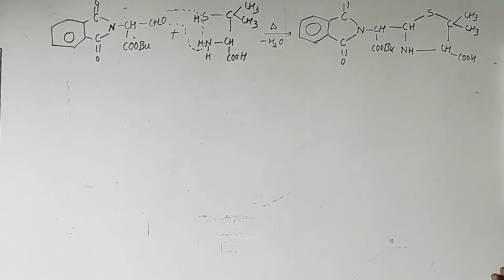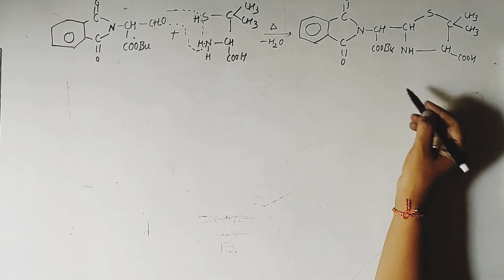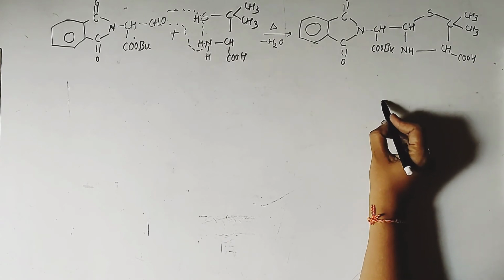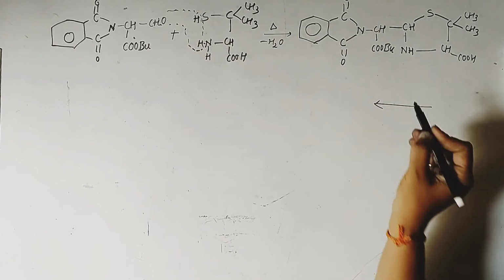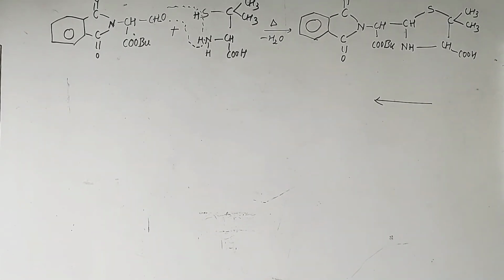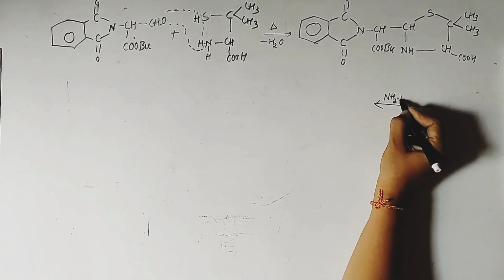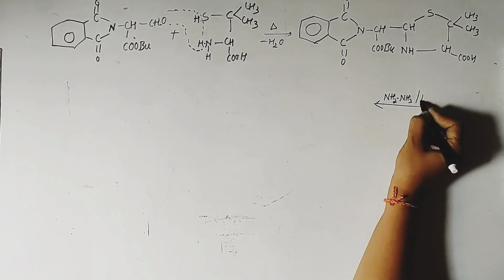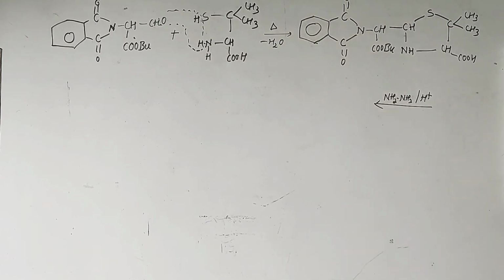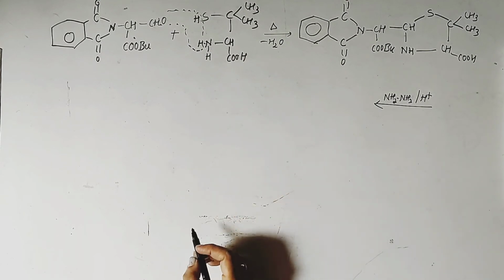we have to deprotect this nitrogen, and that can be done by introducing the hydrogen or protonation, and that can be done in presence of hydrazine, that is NH2 this hydrogen. So here the deprotection of this nitrogen will take place.